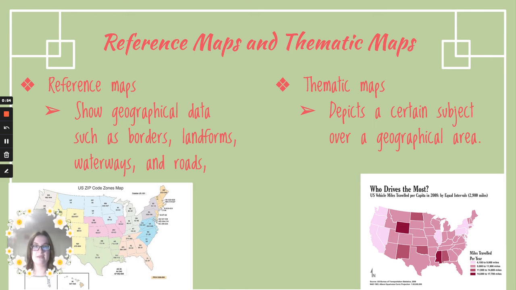And then we have thematic maps, which are very different because they depict a subject over a certain geographical area. You see these most often depict polls, large-scale experiments, and are most commonly seen during U.S. presidential elections.